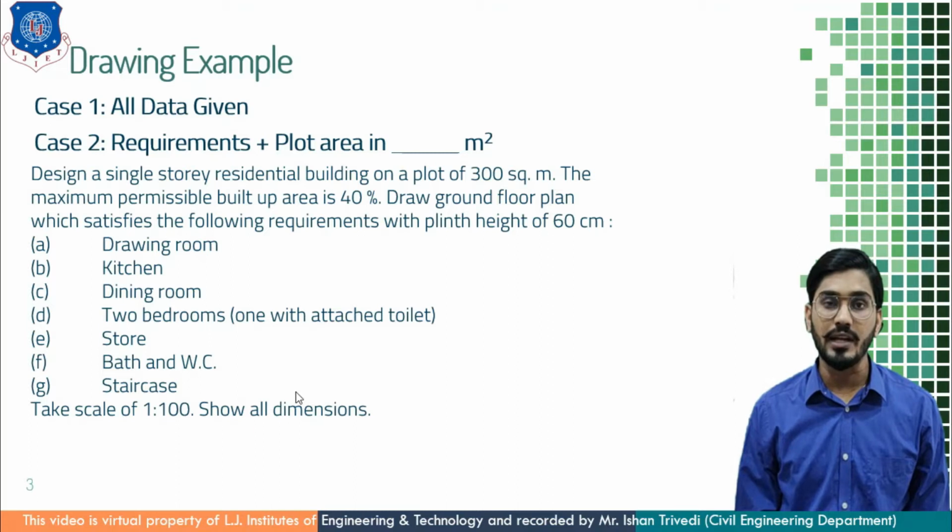So here the dimension of the plot in terms of length and width is not given to you. A few requirements like permissible built up area and plinth height are given to you, and nothing more. Even FSI is not given to you, and you are told to design a residential unit.